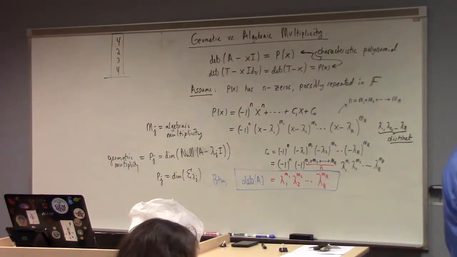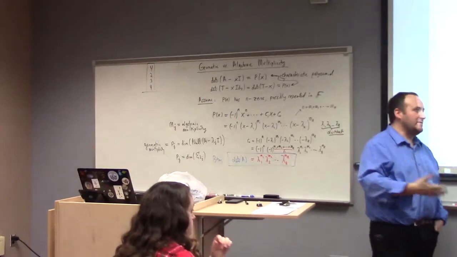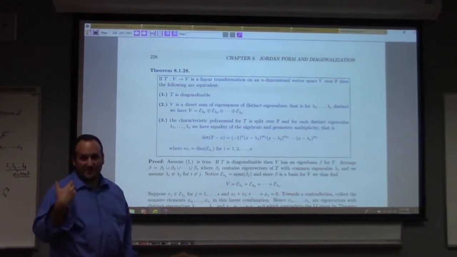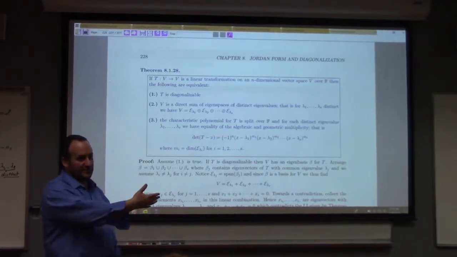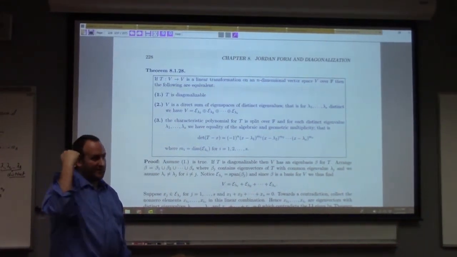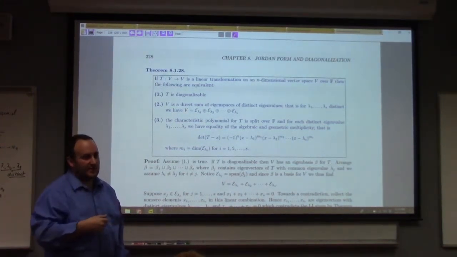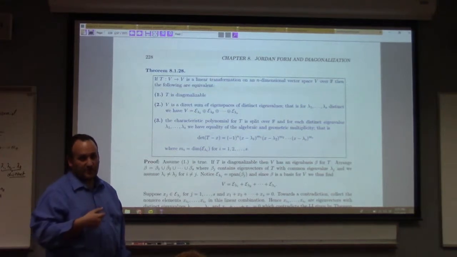So diagonalizability. What does it mean for a linear transformation to be diagonalizable? It means you can find a basis for which the matrix of the transformation is a diagonal matrix. That is equivalent to there existing an eigenbasis for the transformation.